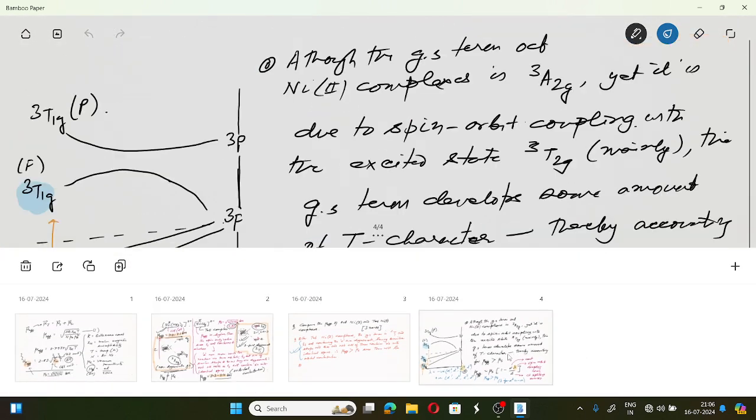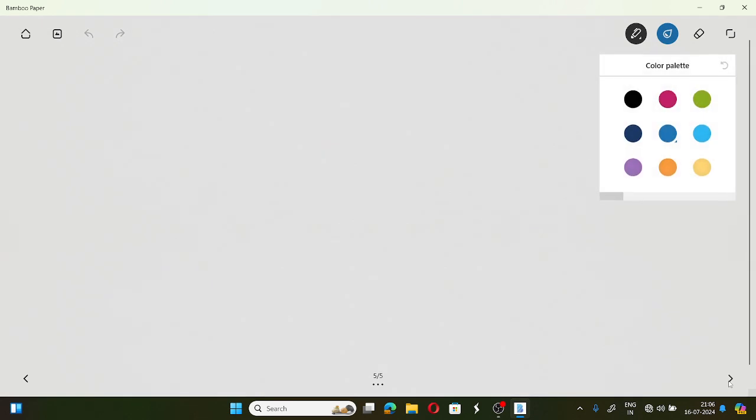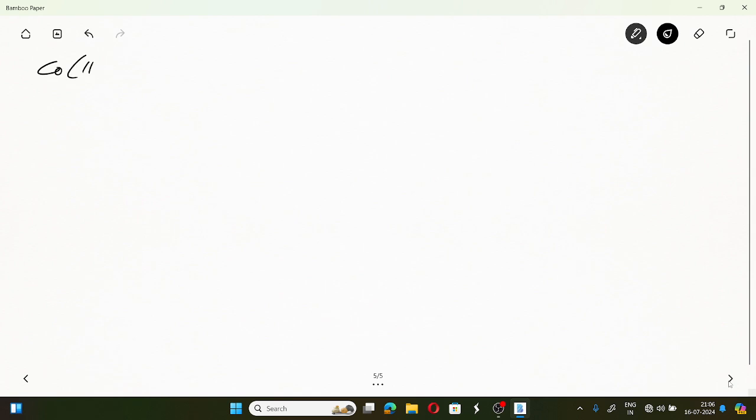So let us come to another problem, similar type of problem, এটা যেমন নিকেল দিয়ে বলা হলো, তোমাকে কোবাল্ট দিয়েও বলতে পারে, অর্থাৎ কোবাল্ট 2 octahedral and tetrahedral complexes.